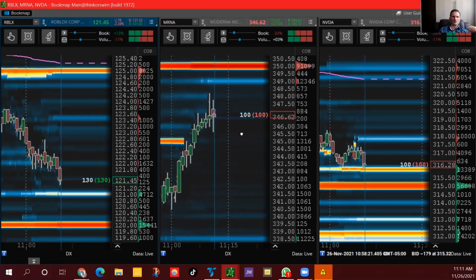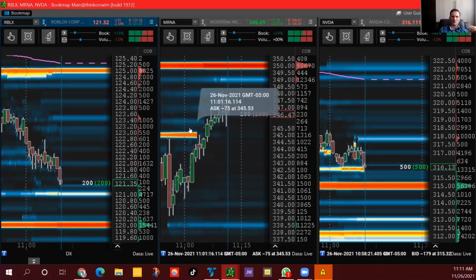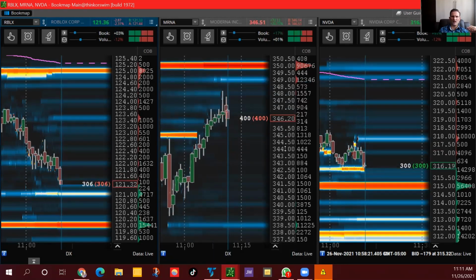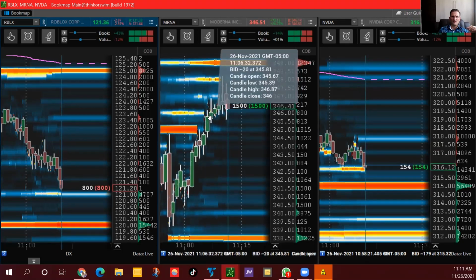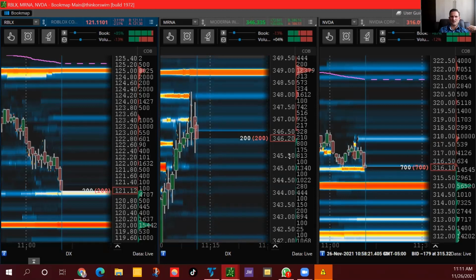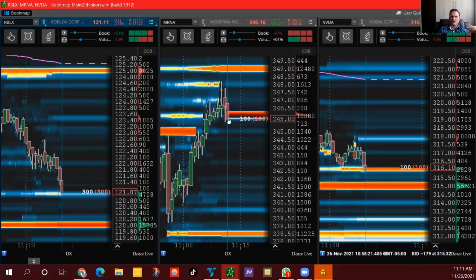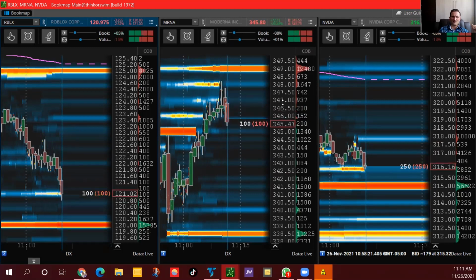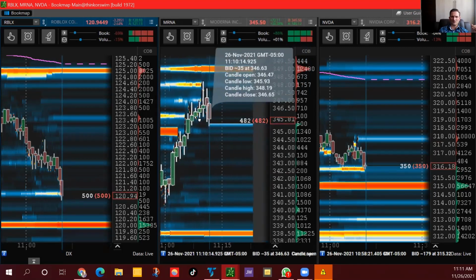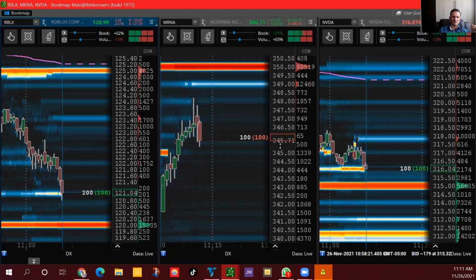Now, all right, so we see with NVIDIA, this is textbook right here. So it pulls back to 345. And yeah, still looking for it to push. There was a nice chunk of sellers sitting at 348. They're knocking it down. Again, still looking for NVIDIA to push back to the 349, 350 sellers.